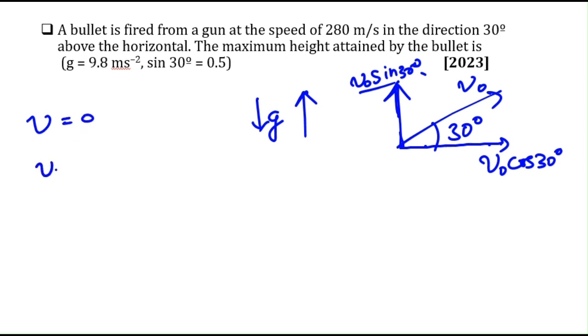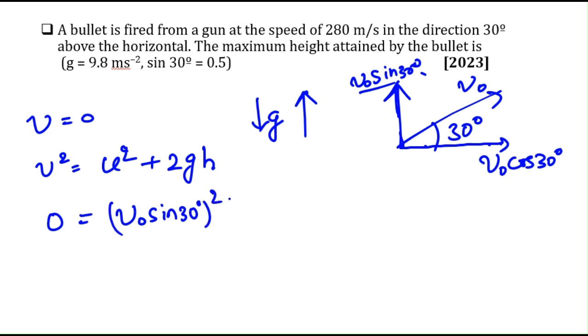And as we know, final velocity squared equals initial velocity squared, and minus or plus we can take accordingly based on the acceleration. First we are writing a very general formula here, so it will be initial velocity square plus 2 into g into h. But for maximum height, this velocity will be 0, and then we have initial velocity V naught sine 30.